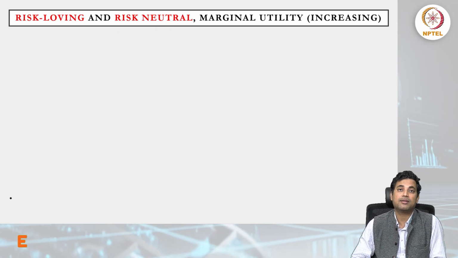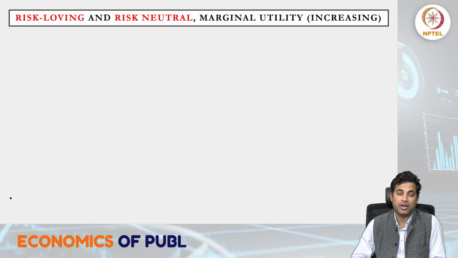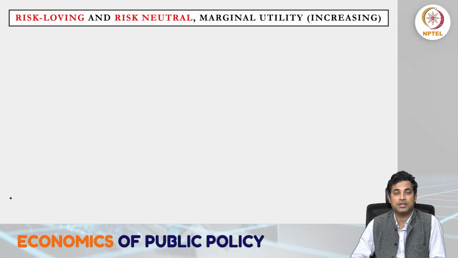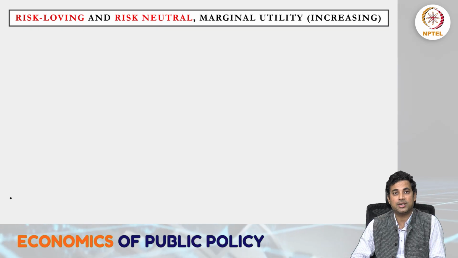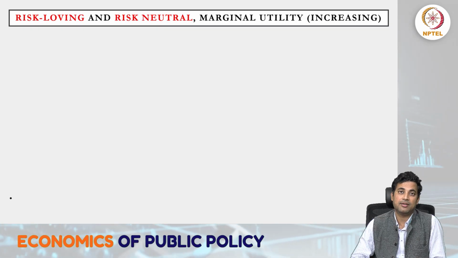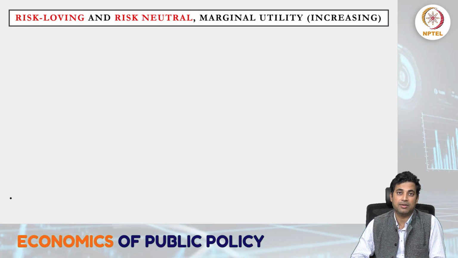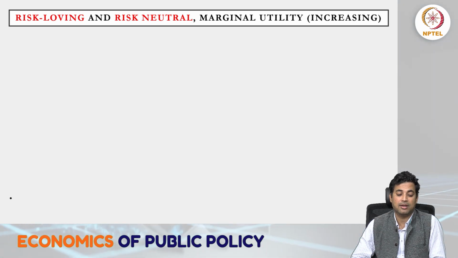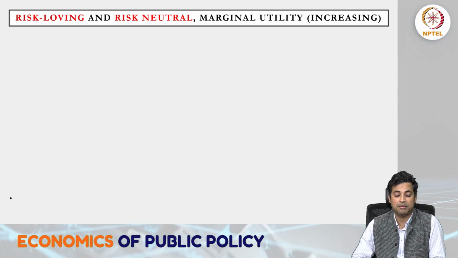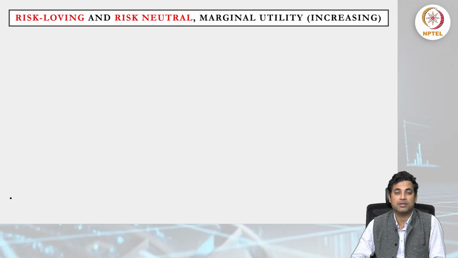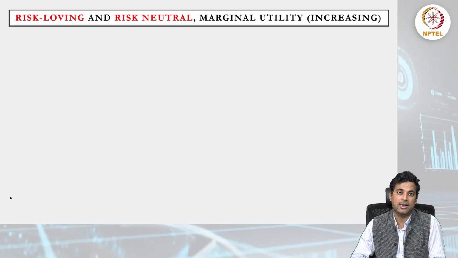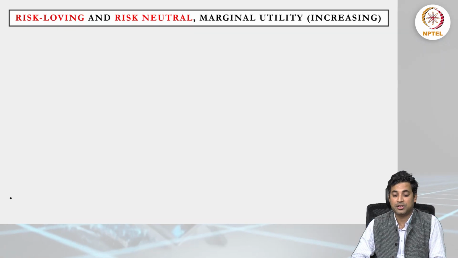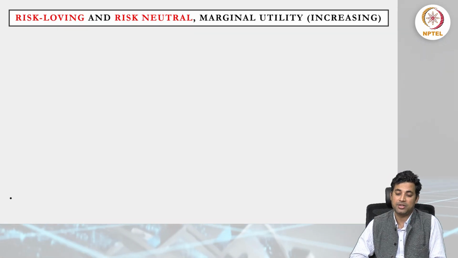In case of risk aversion, we already know that the total utility curve is diminishing. As quantity increases, risk averse persons' utility increases at a declining rate. Now we'll see what happens with risk loving persons and with persons who are neutral, indifferent between risk and no risk, with the help of marginal utility.